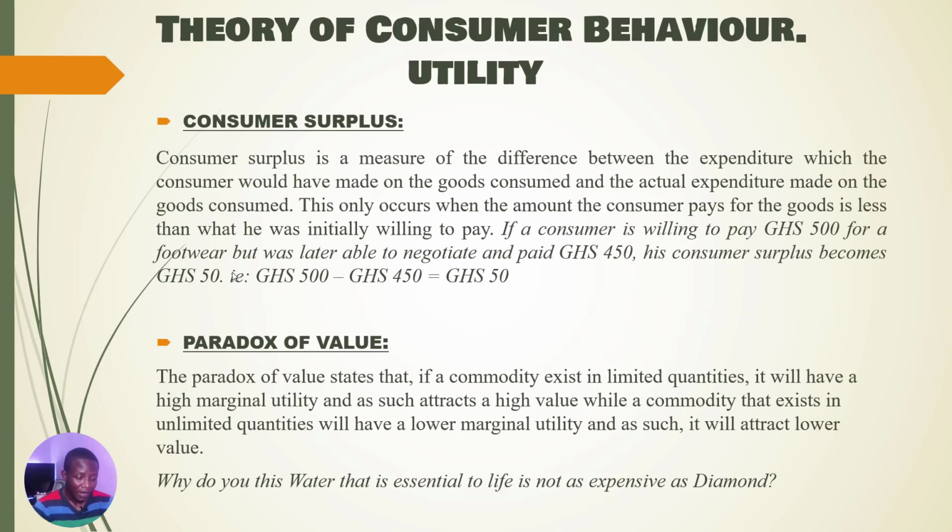In view of that, people will have a higher marginal utility for them. Therefore, they'll be willing to spend millions and thousands of cedis and dollars to get a diamond. But water exists everywhere. We consume it literally every day. So the marginal utility that we derive from the consumption of water is very low, to the point that we'll be willing to pay less to get water.